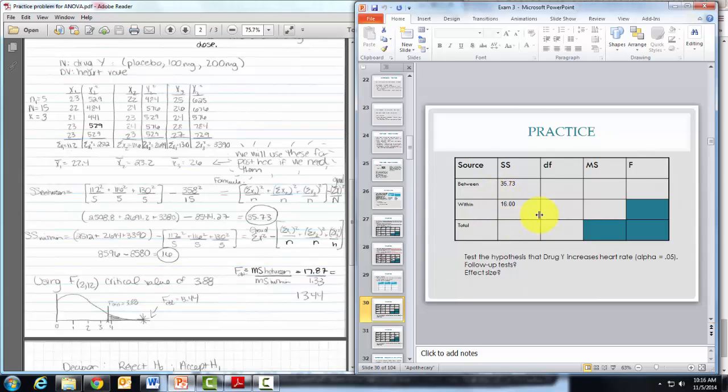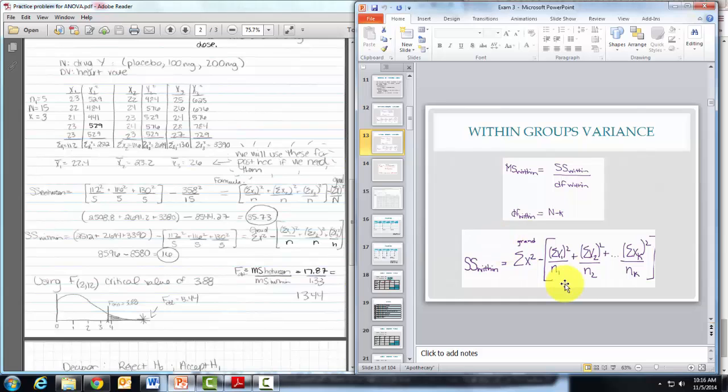So now I can calculate my sums of squares within. If we go back to our formula, I'm going to show you from our previous notes. Our sums of squares within is a slightly different formula.